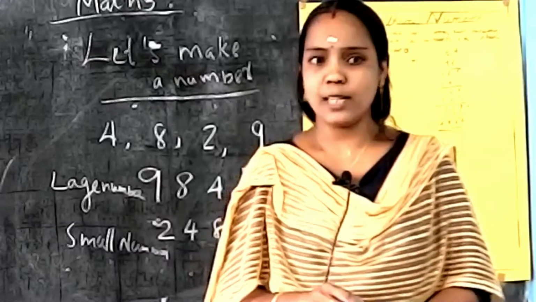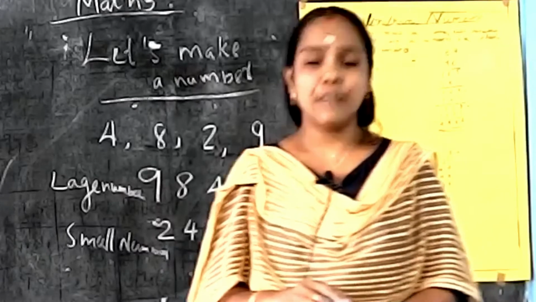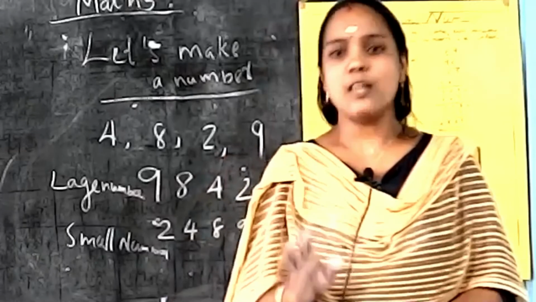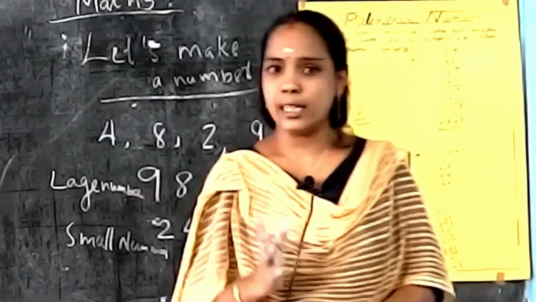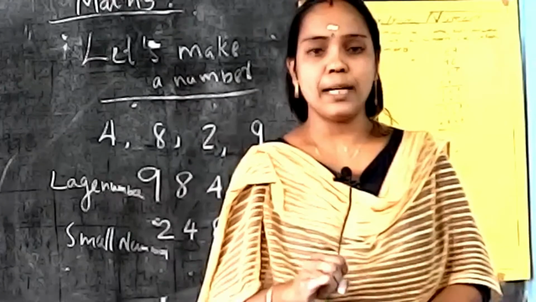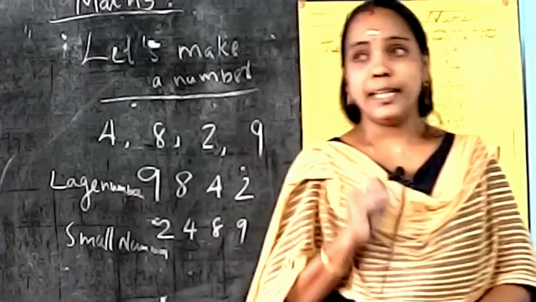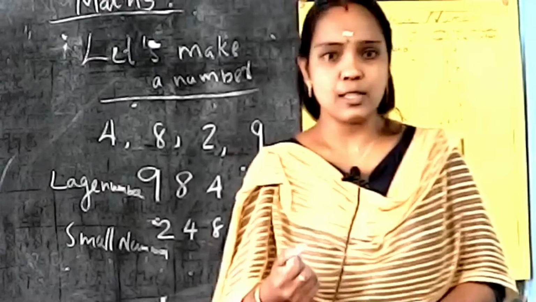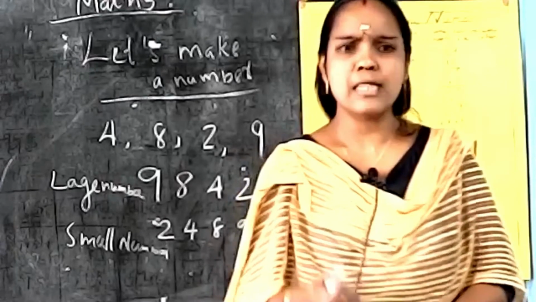What is the question? Sum and difference of those numbers. One 4-digit or 6-digit number is given. You want to find the largest number and smallest number. Next, find the sum and difference of these numbers. What do you mean by sum?